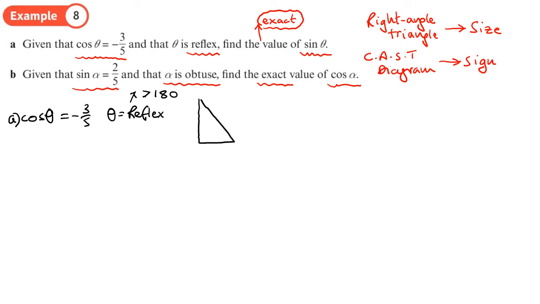I'm going to call one of the angles theta, and I'm told that cos theta is negative 3/5. Now I'm going to ignore the negative for a moment and just put that the sides are the adjacent over the hypotenuse 3/5. So if I use Pythagoras, it means that this side is 4. So I'll just use Pythagoras to do that.